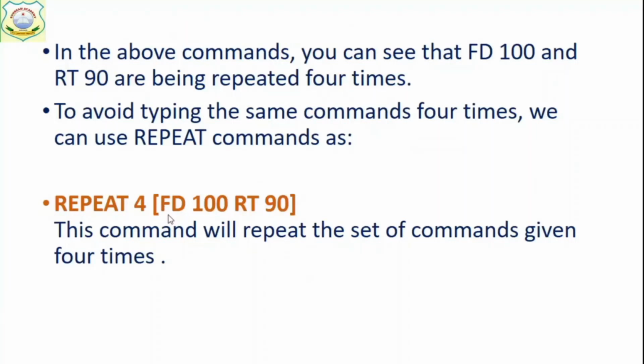So I will write REPEAT in capital letters. This must be in capitals. REPEAT, then space. How many times are we repeating? 4 times. And which commands am I repeating? FD 100 and RT 90. This will repeat the set of commands 4 times and will draw a square for you.